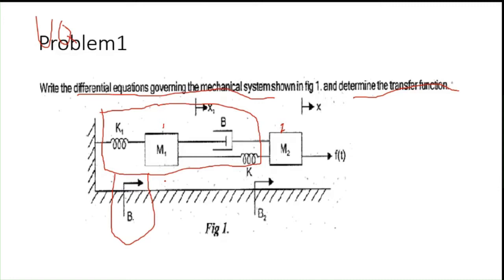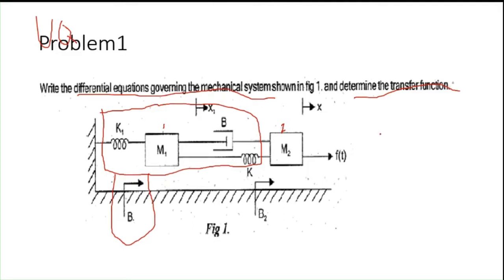Now draw the free body diagram of this part. You are familiar with free body diagrams from engineering mechanics. A free body diagram means you simply draw the forces alone, neglecting the position and the mass.